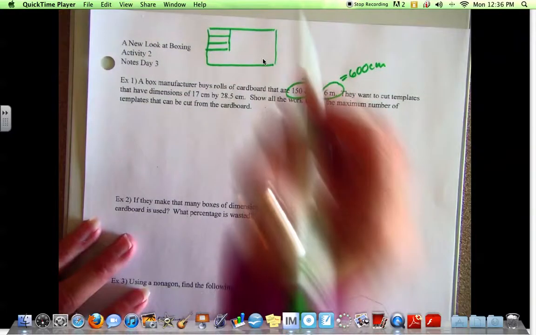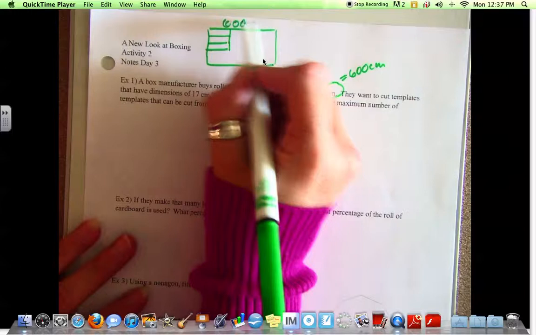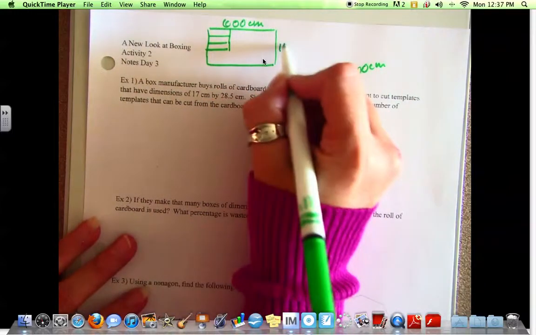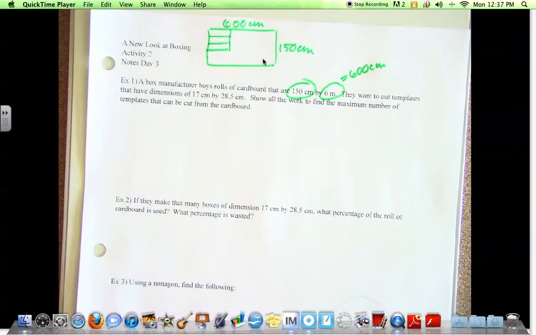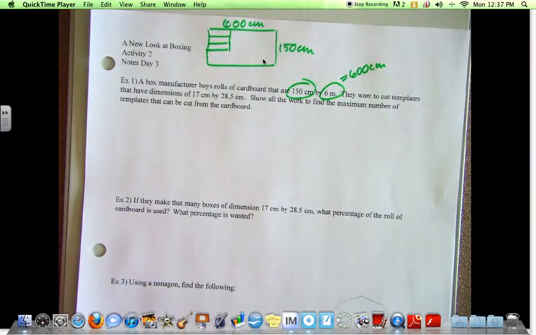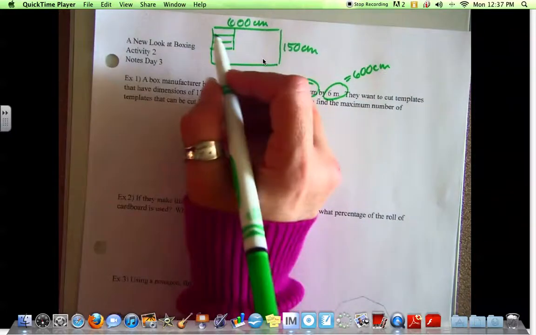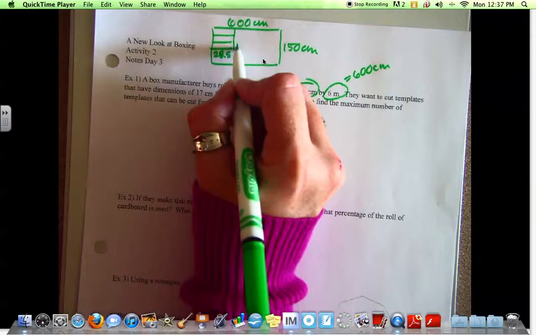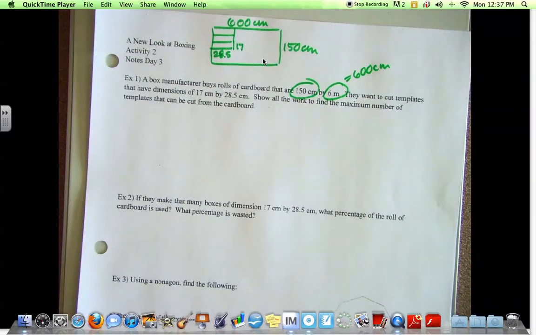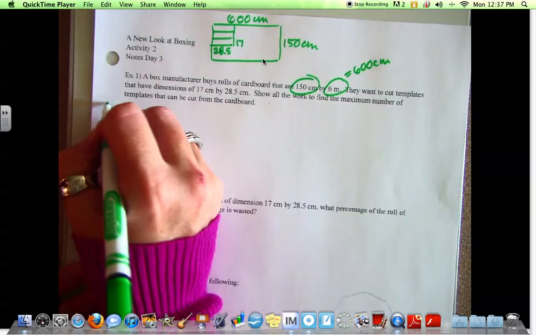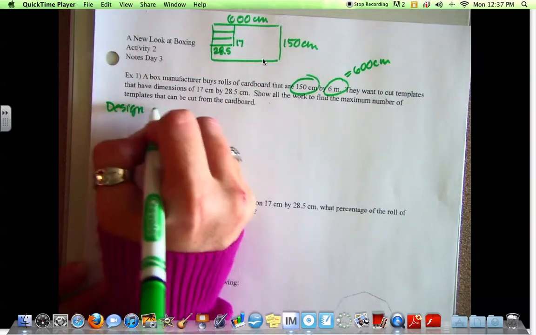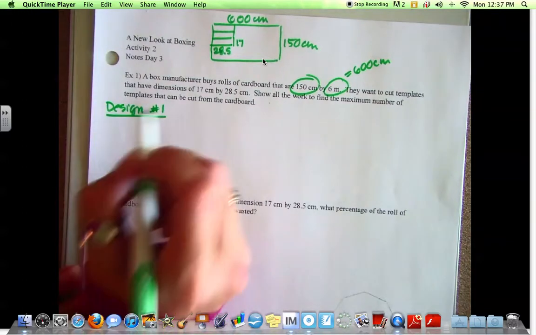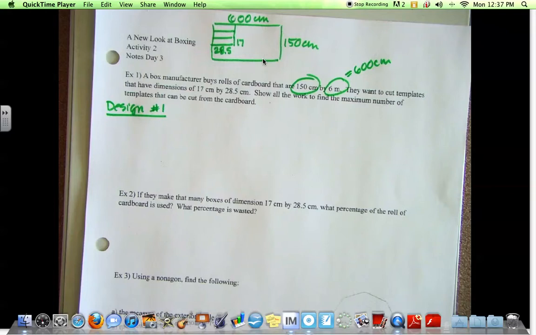All right, so we have 600 centimeters by 150 centimeters. And we're cutting out templates that are 28.5 by 17. So for the first design, what do we want to do?